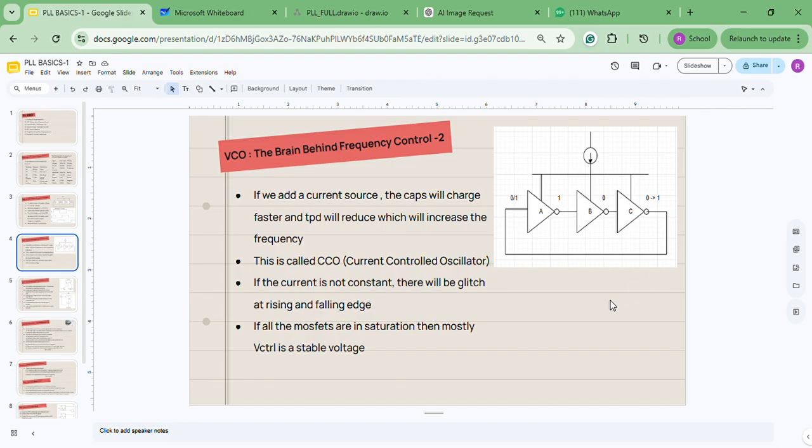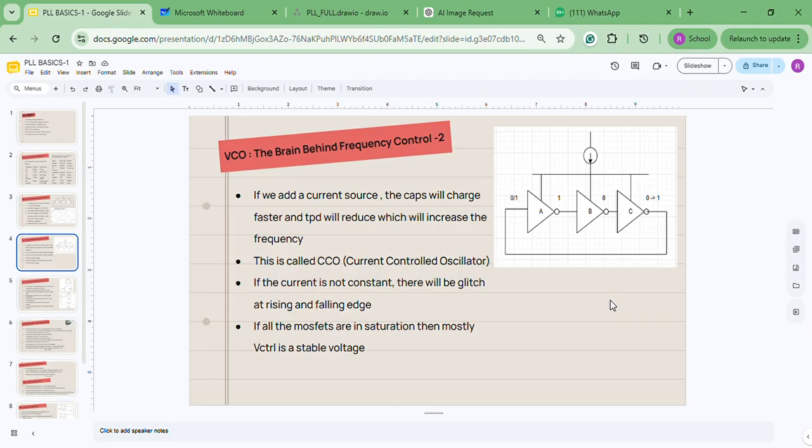Since the capacitors are getting charged faster, the frequency of oscillation also increases. So that is our requirement, because from PLL we want a frequency in the range of gigahertz. To achieve that, we need a source which switches so fast that it will be able to achieve that frequency. That is only possible with a current source.